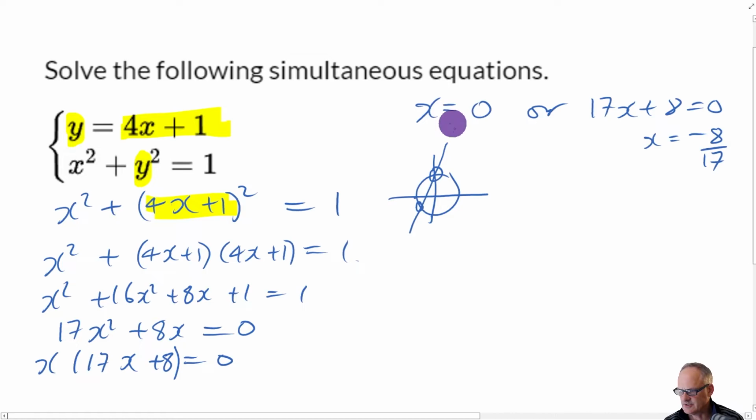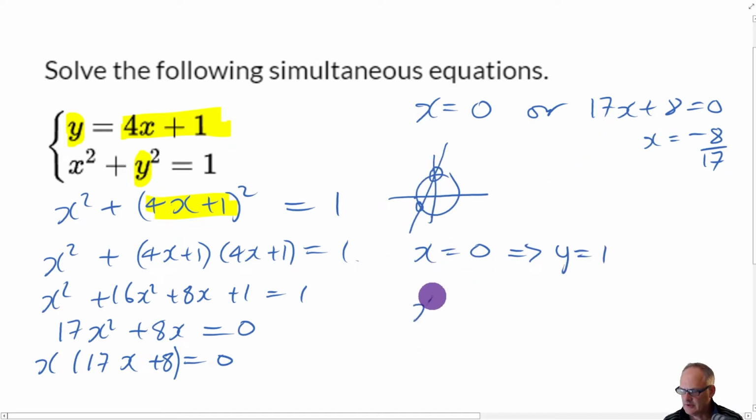Notice that's our x equals 0 here, and we found our x equals minus 8 over 17 here. Now, if x equals 0, we can put that into this equation to find y. So 4 times 0 is 0, plus 1 is 1, so y equals 1. As we expected, this being a circle of radius 1, for x equals 0, that's where it crosses the y-axis, so y is 1.